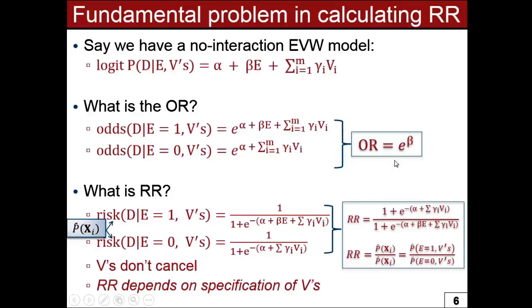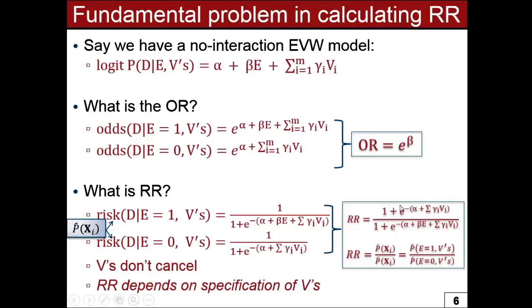Everything cancels out, and the odds ratio for exposure was independent of all the other stuff. The risk ratio is explicitly dependent on all the other stuff. Somebody's risk, it turns out, depends on all these other things going on in their life: what their age is, and so on. Those have to be specified, and you can't just cancel them out. And that's reflected here.